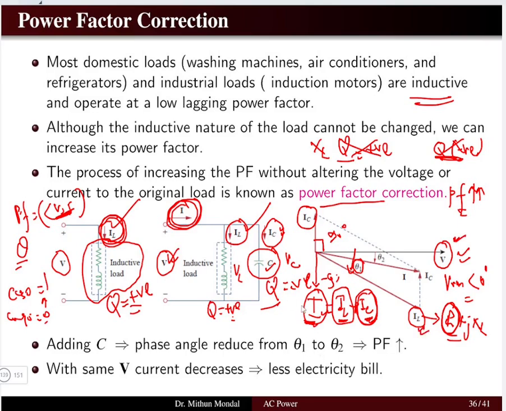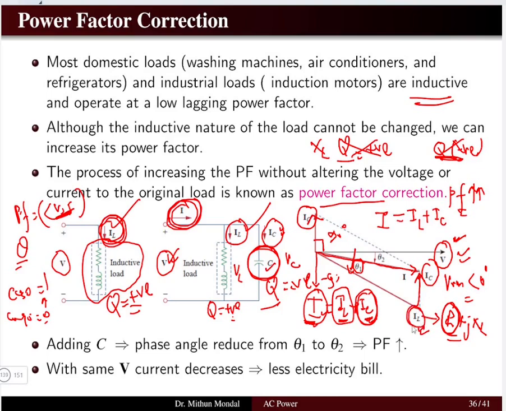Now when we are introducing this capacitor C, what it is doing is taking the current IC in such a way that it is drawing less current from the source I. If we have the vector IC here, then the source current I is equal to the vector sum of the load current IL plus the capacitor current IC.